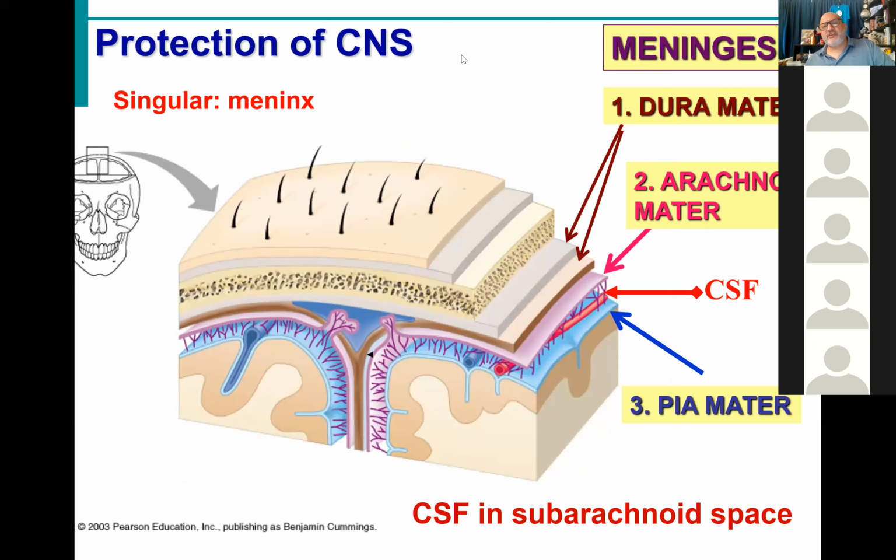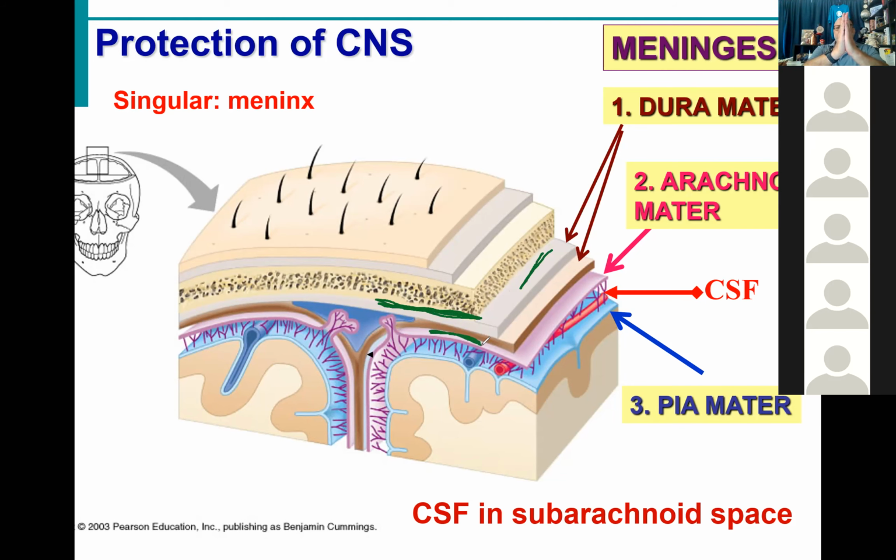Notice two things I want to strongly emphasize. Clearly, there is no space between the dura mater and the bone, because the dura mater is part of the periosteum and they're connected to each other. And remember, there is only a potential space between the dura and the arachnoid mater.